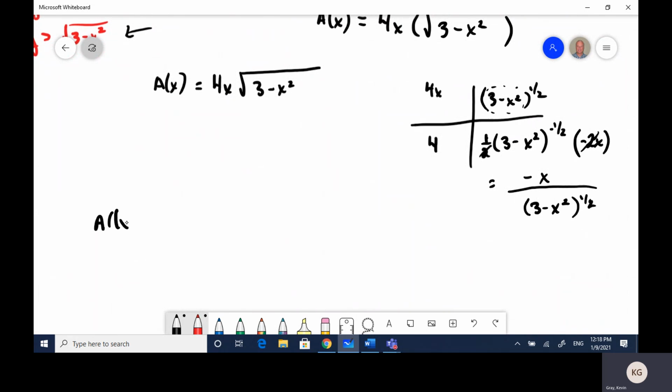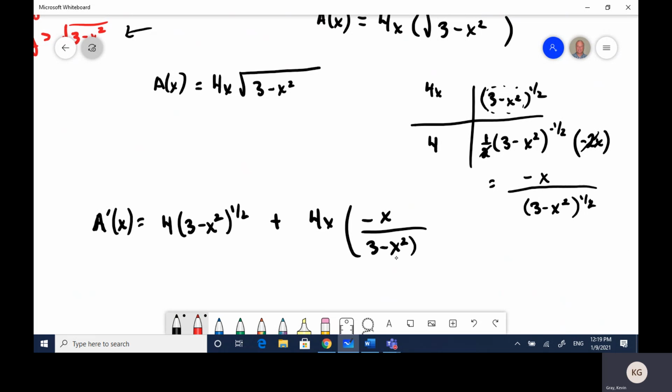So the derivative equation, okay, is 4 times 3 minus x squared to the 1/2 plus 4x times negative x over 3 minus x squared to the 1/2.